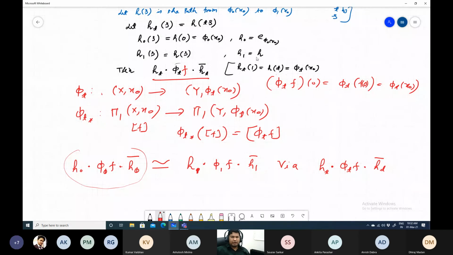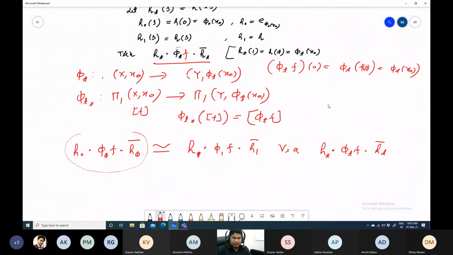What is my h0? Now h0 is just identity and h1 is h, right? So h0 is identity, so that's when phi 0 f is homotopic to. Now what is my h1?